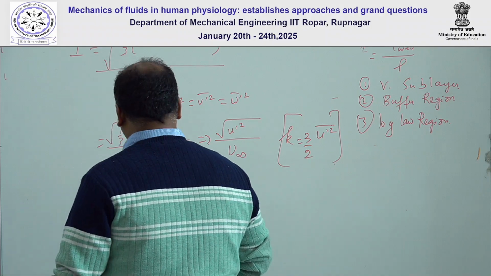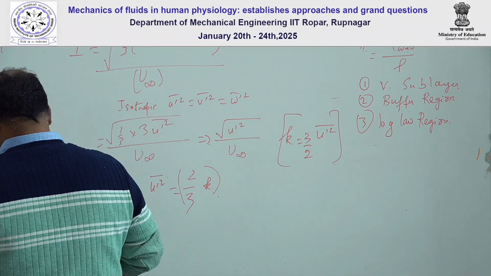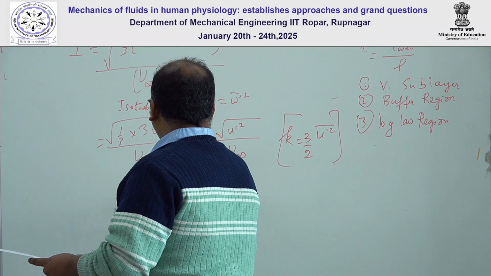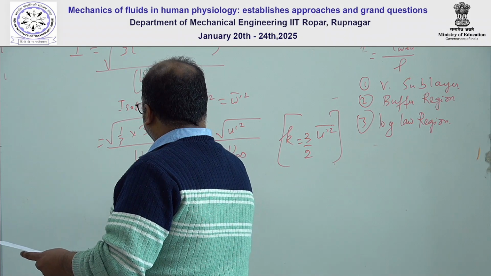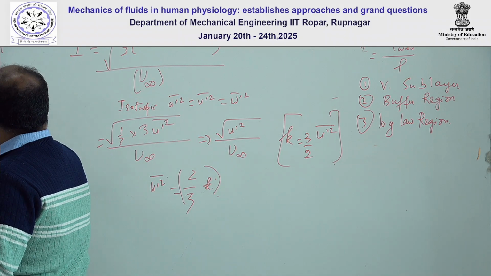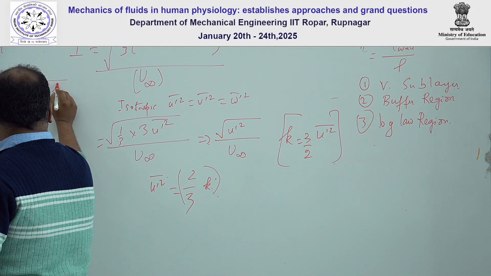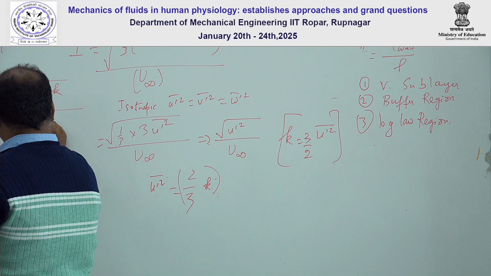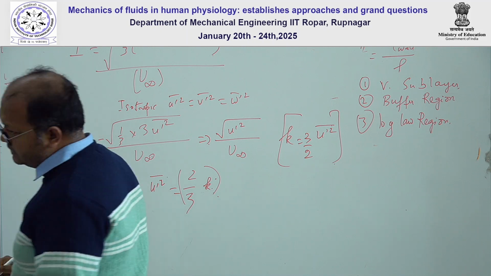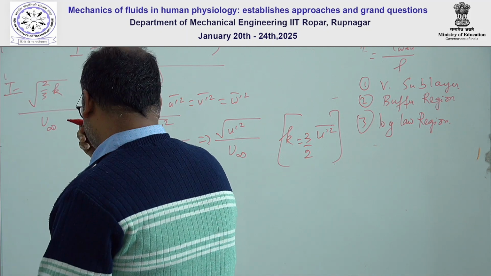So if we have information about the kinetic energy, we can write this I as the root of 2 by 3 kinetic energy by u infinity. This is the intensity of the turbulence.